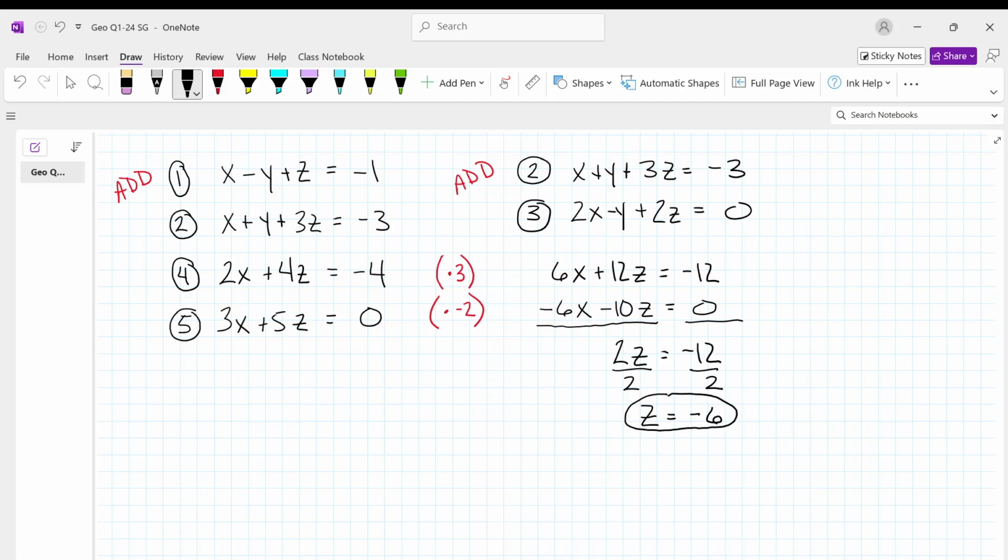So if our z is equal to -6, we go backwards one step into equation 4 or 5 and substitute. I'm going to substitute into 4. So 2x plus 4 times -6 is equal to -4. 2x minus 24 is equal to -4.